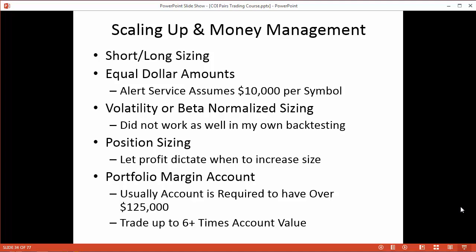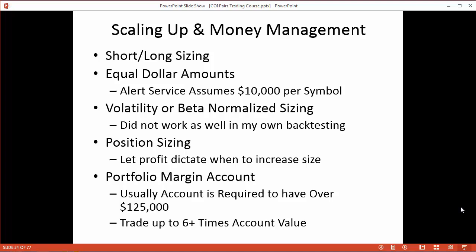Scaling up and money management. When we talk about money management, we're talking about how many shares do we trade at one time. Now we always have short shares and long shares, but the prices of the stocks that we're trading are often very different. So how many shares do we decide to trade short, and how many shares do we decide to trade long? The way that works best, that I found over time, is equal dollar amounts.